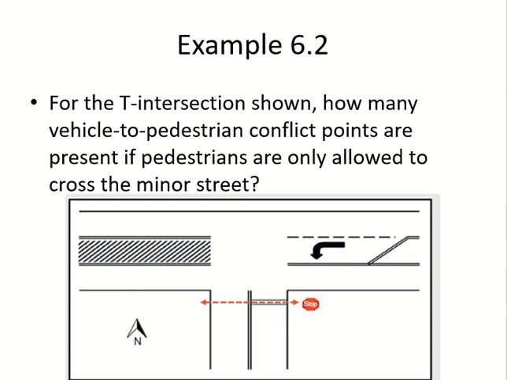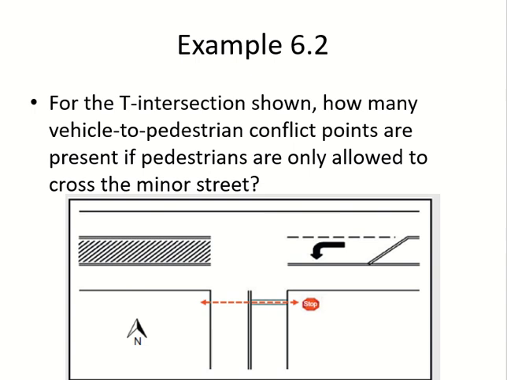Now for this T intersection, how many vehicle to pedestrian conflicts can we have? Only vehicle to pedestrian. So previous example without signal, U-turn. Yeah, we didn't mention signal. So how many pedestrian conflicts can we have here?